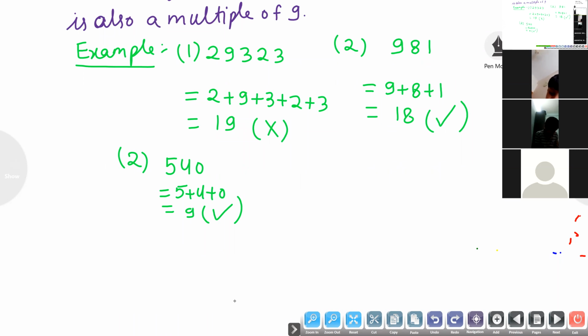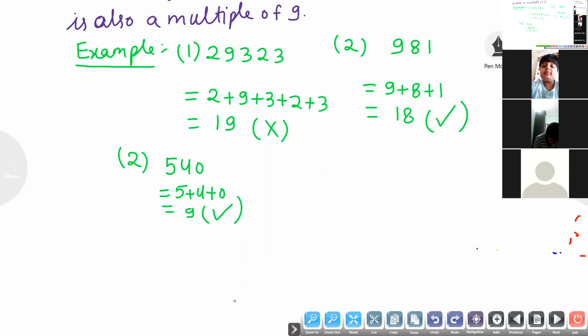Students, you are observing one point here. Listen carefully, everyone. Divisibility rule of 3 and divisibility rule of 9 both are the same. If I want to check whether the given number is divisible by 3, the sum of all digits is a multiple of 3.